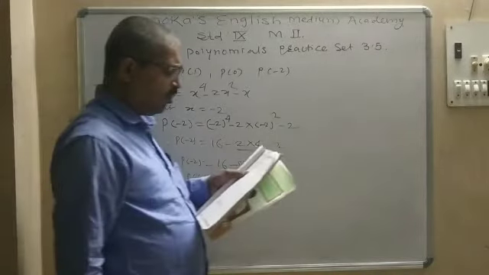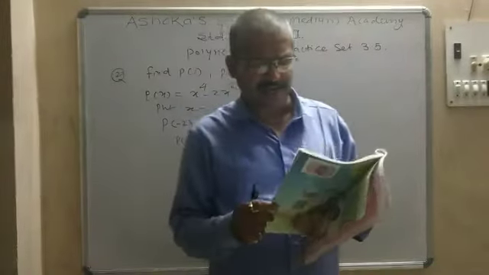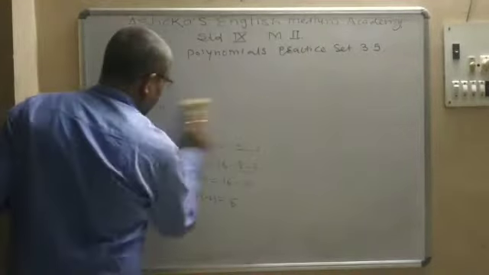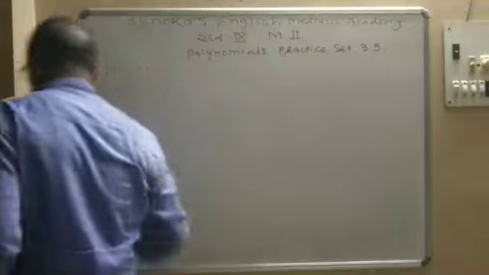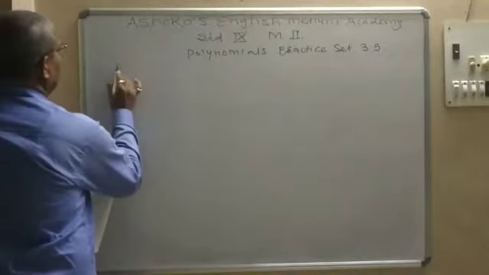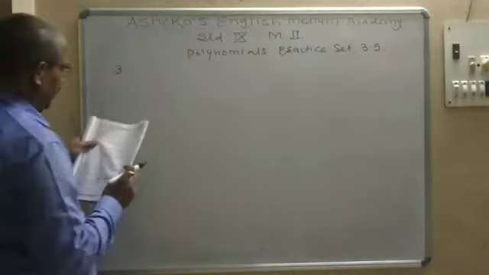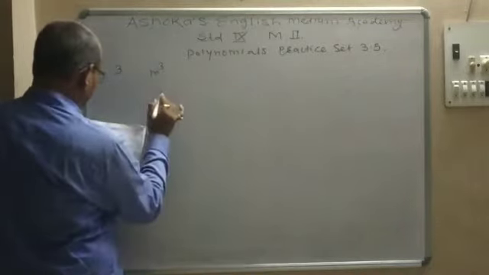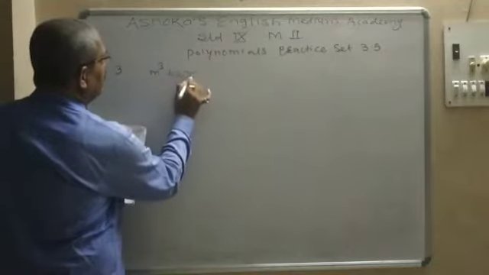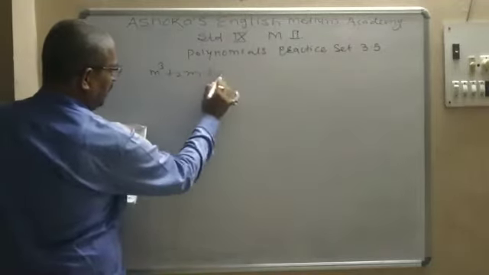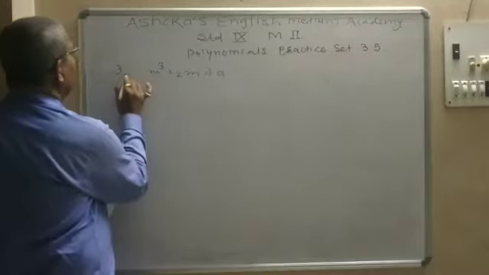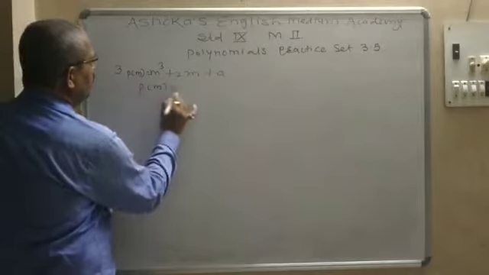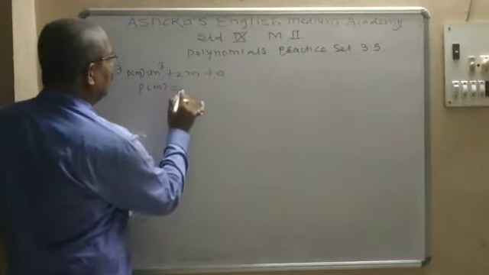If the value of the polynomial m cube plus 2m plus a is 12, the value of the polynomial is given to us. What is question number 3? Value of polynomial m cube plus 2m plus a is here. We will take p(m). The value of p(m) is given to you, 12.